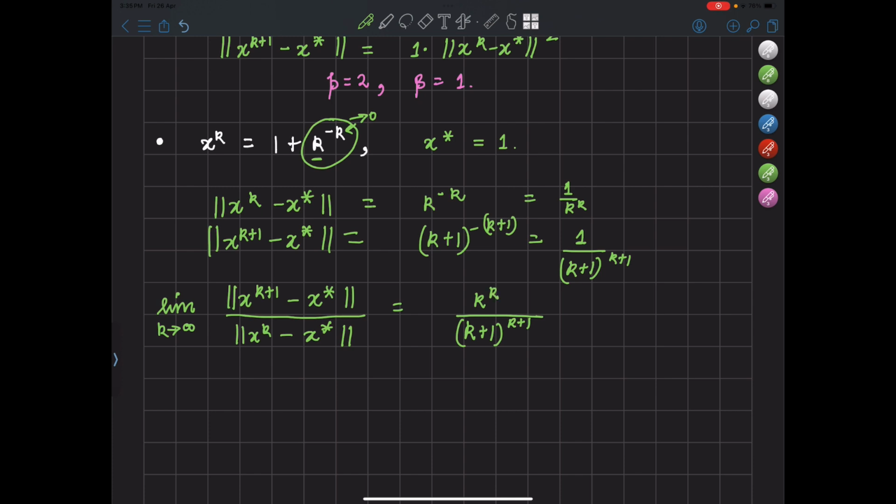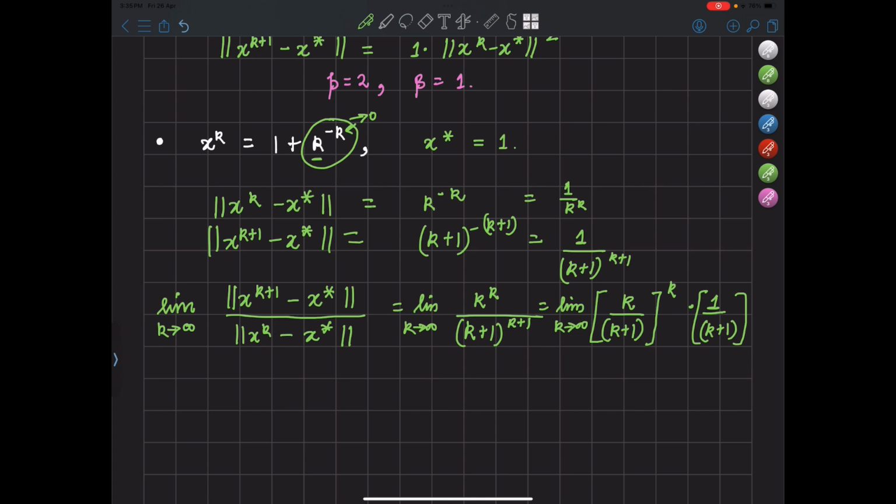Alright, which can further be written as k by k plus 1 to the power k, 1 upon k plus 1. Here our limit is k tends to infinity, limit k tends to infinity.